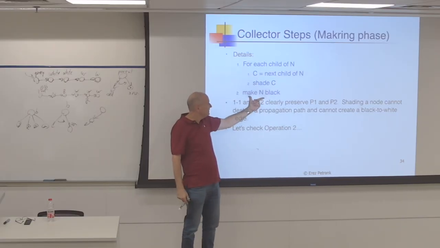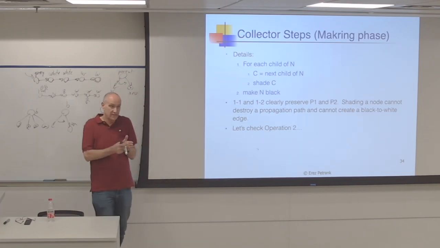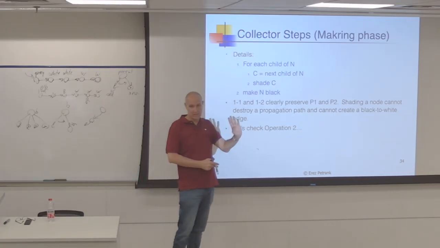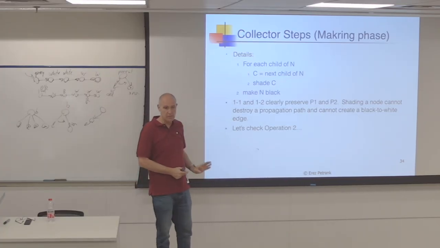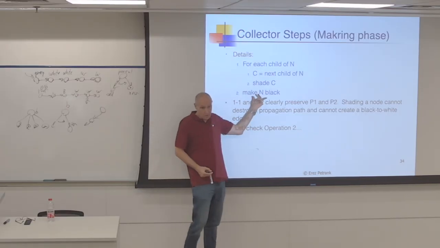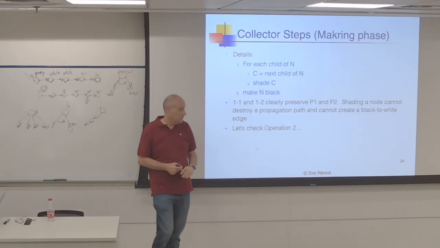So I'm okay here, but now I make something black, and of course, if I know that all my children are gray, then I'm fine. I'm not losing any propagation path. I'm not creating a black to white edge, but I don't know that children will not change while I was working.